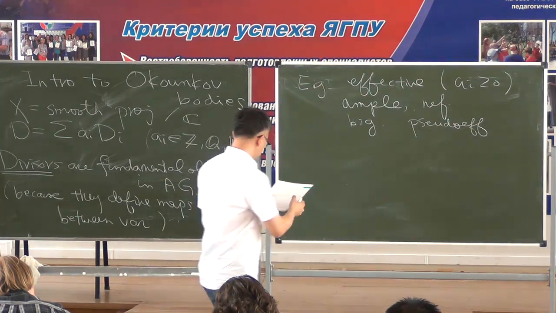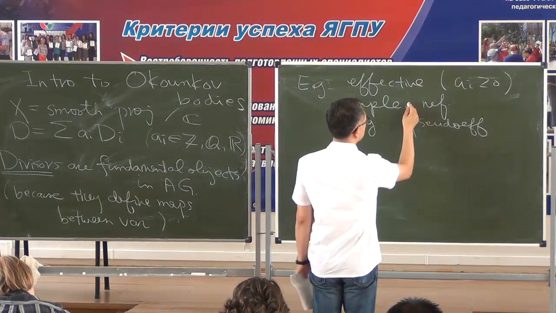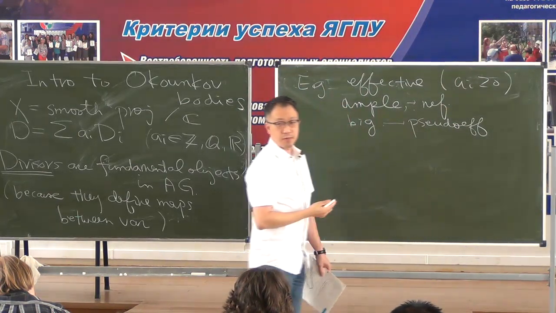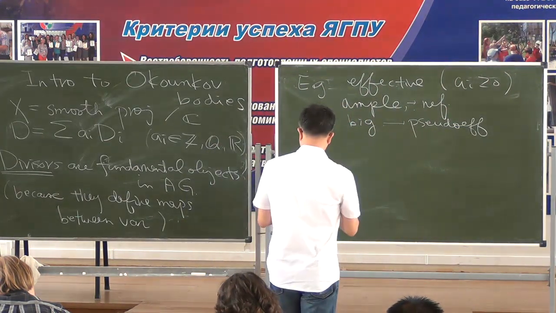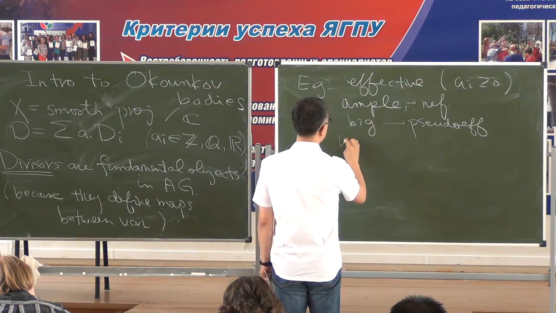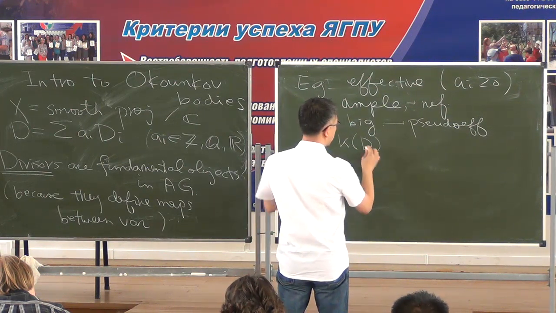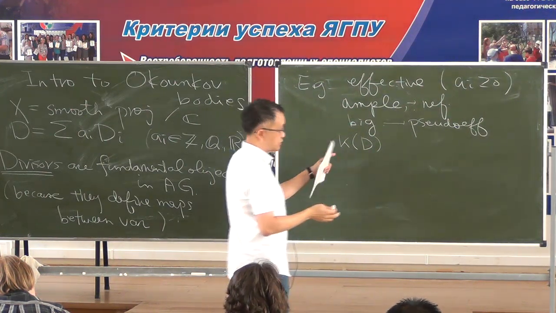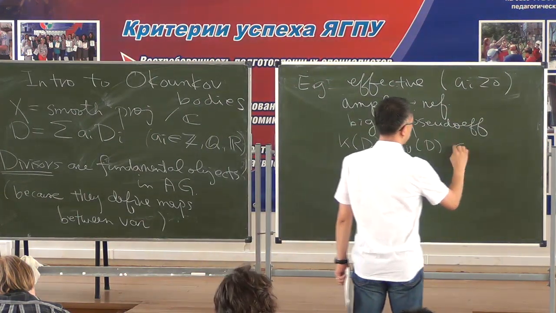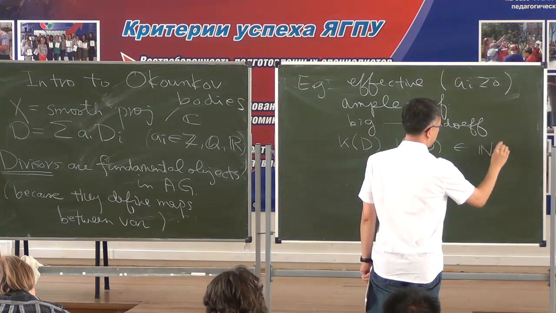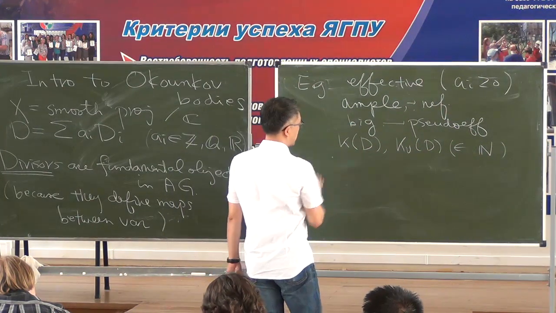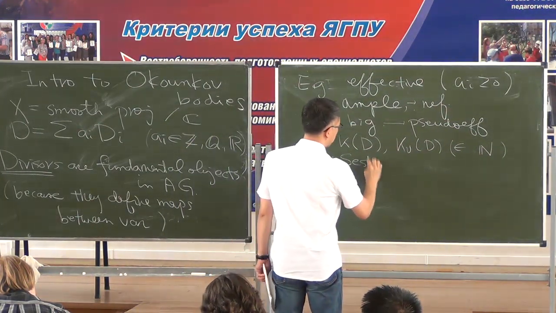Okay, and nef divisors are limits of ample divisors, and pseudo-effective divisors are limits of big divisors. And you can also attach some integers. So I will define these later, today or in some other lectures. But Iitaka dimension, numerical Iitaka dimension, they are integers. Okay, and you can also attach some constant called the Seshadri constant.